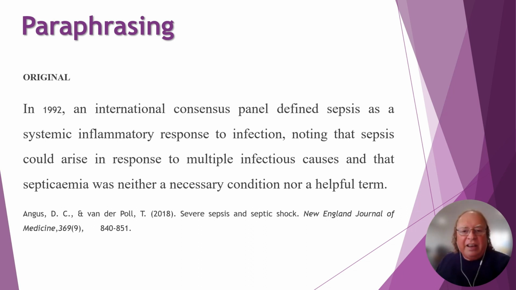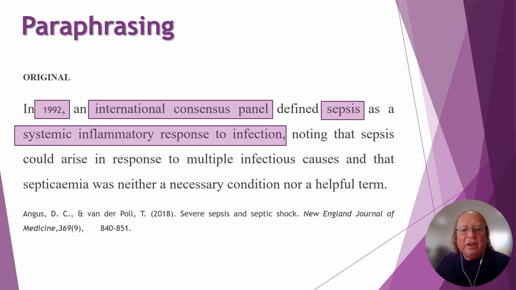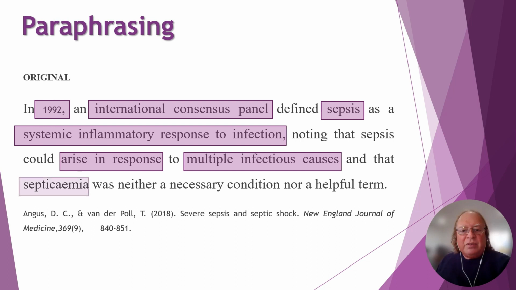So very, very briefly, in 1992, an international consensus panel defined sepsis as a systemic inflammatory response to infection, noting that sepsis could arise in response to multiple infectious causes, and that septicemia was neither a necessary condition nor a helpful term. Okay, we want to work on that. That's what we want to include in our writing. So let's start highlighting those bits that we think are appropriate and will be used in our paraphrase. So there we go.